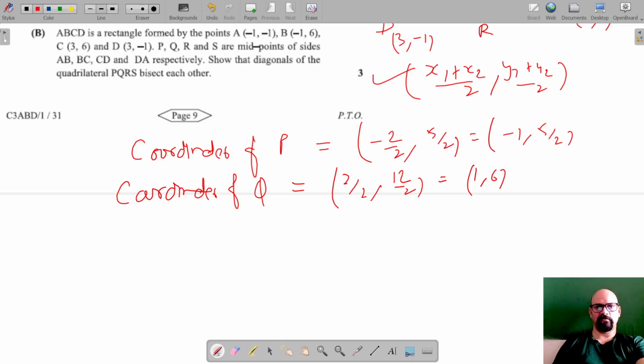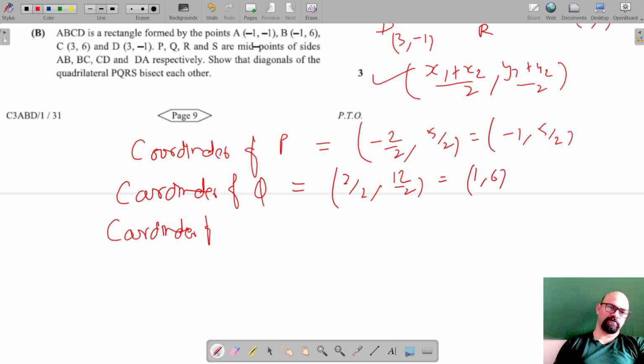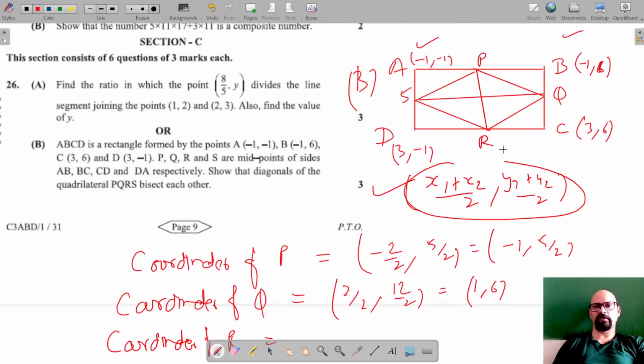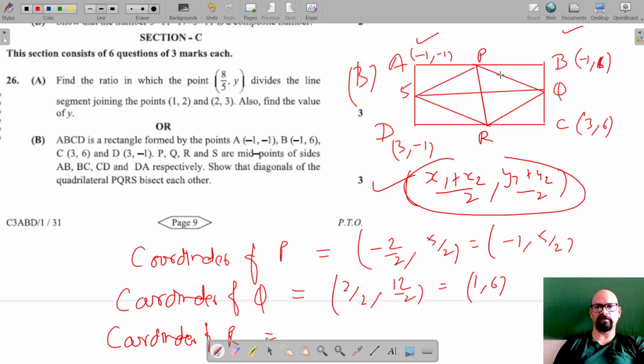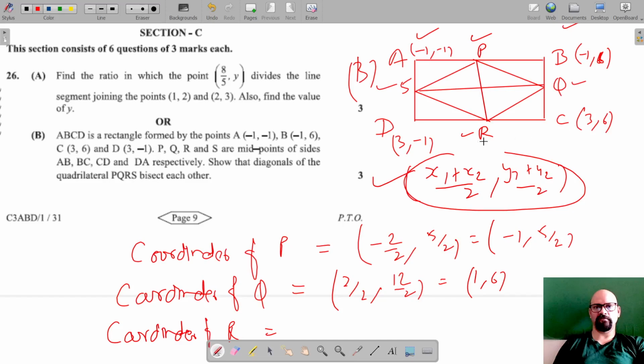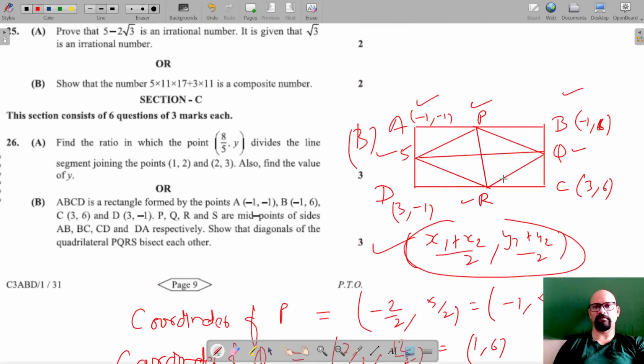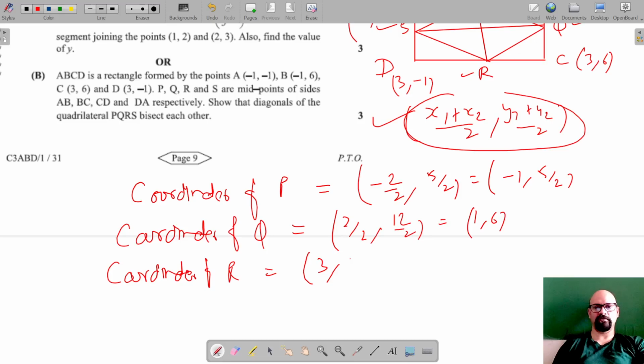And let's find out the coordinates of point R. We are using this formula to find out the coordinates of these midpoints P, Q, R, and S. So for R, 3 plus 3 is 6, divided by 2 is 3. And 6 minus 1 is 5, so this is 3, comma 5 by 2.